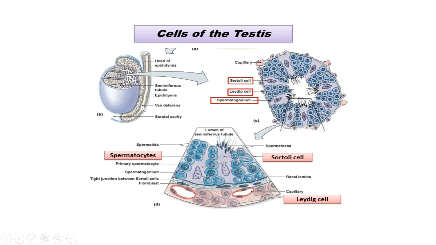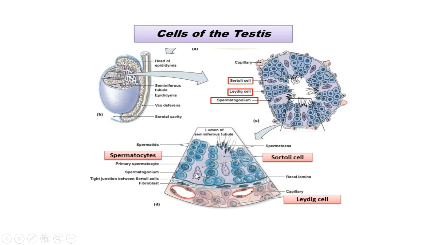As you can see, this is the testes, and this is a cross section of the testes. As you remember from the last figures, these are the Sertoli cells. These are the Leydig cells, which produce the testosterone. If we take this section under the microscope, it will appear in this form.